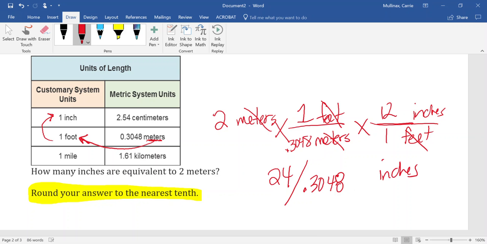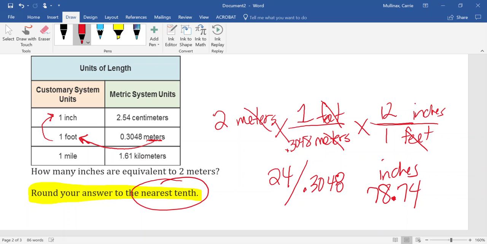Then I can think about the reasonableness of this. After I do my calculation, I can think, is my answer reasonable? If we divide 24 by 0.3048, we get 78.74. Again, they asked me to round to the nearest tenth.